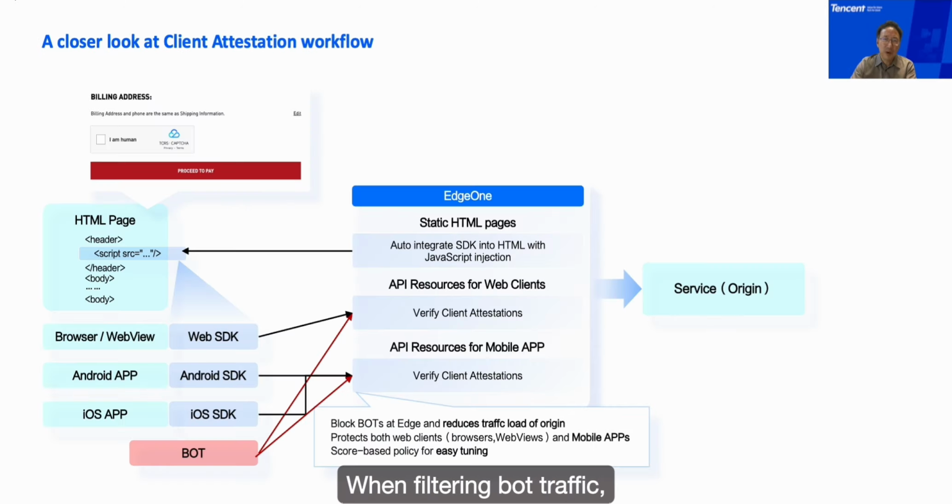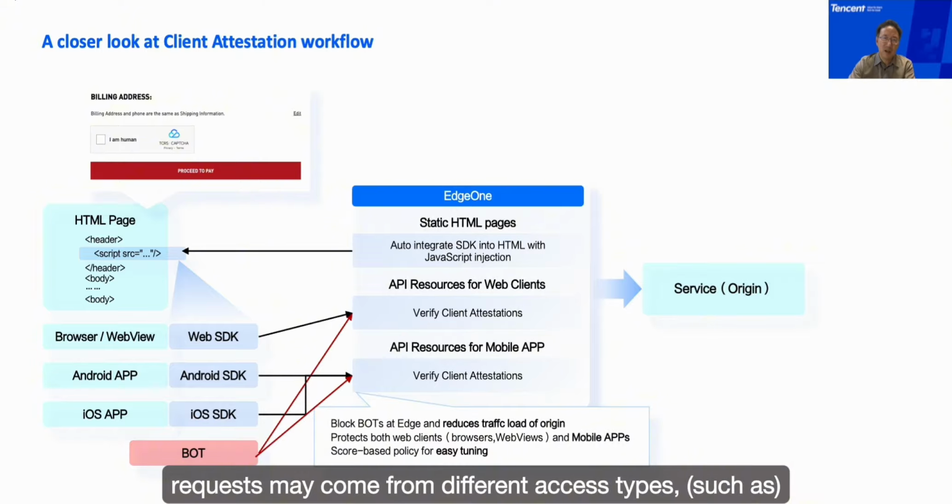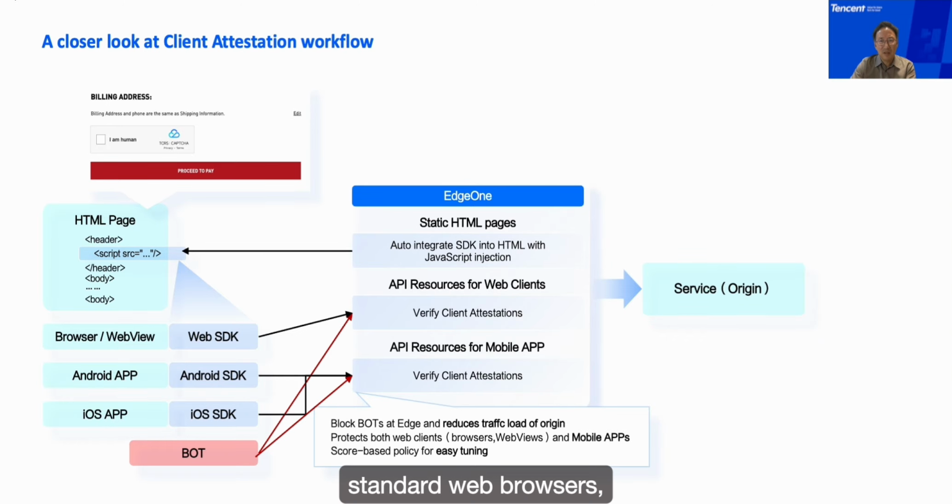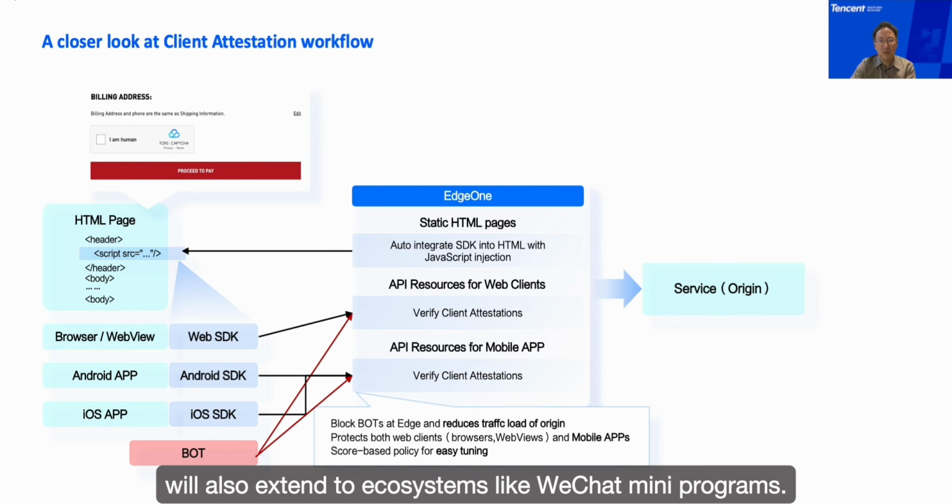When filtering bot traffic, requests may come from different access types: standard web browsers, HTML5 web views in mobile applications, or native Android and iOS applications. Future support will also extend to ecosystems like WeChat mini programs.